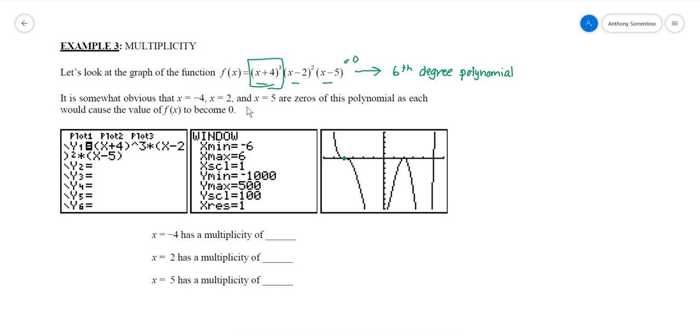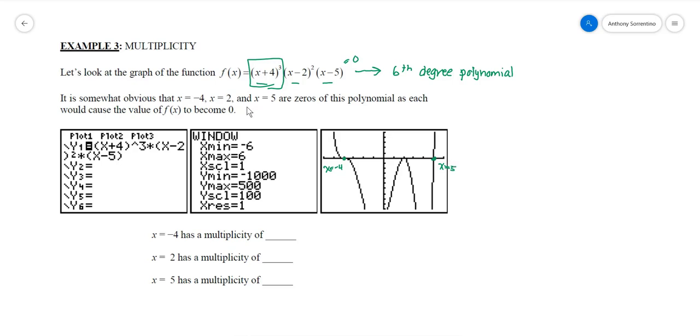Notice I have this graph kind of flattening out. It passes through the point, but it kind of flattens out. That's an indicator that I have an odd multiplicity, and it's more than 1. If it's 1, like for the 5, so this is the x equals -4, this is the x equals 5, it just passes through.